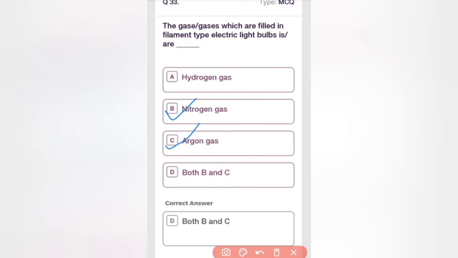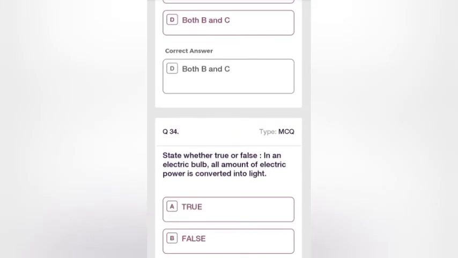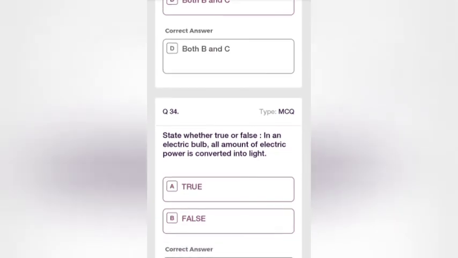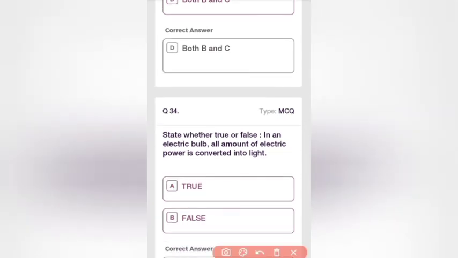Okay, why is it? To prolong life. And in an electric bulb, all the amount of electric power is converted into light. Whether it's true? No. Electric bulb, fuel is converted to heat also, no? So it's false.